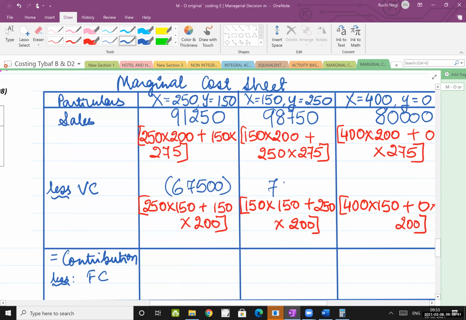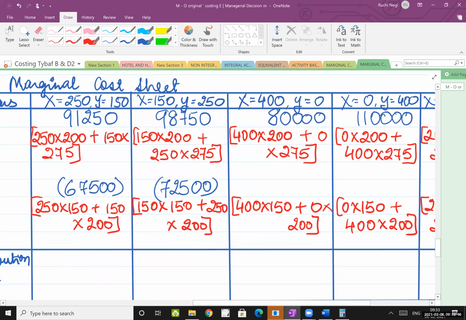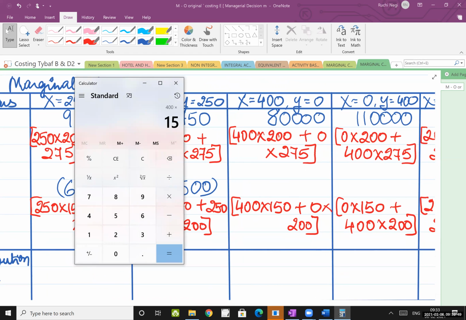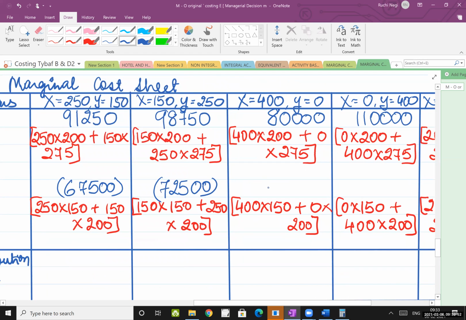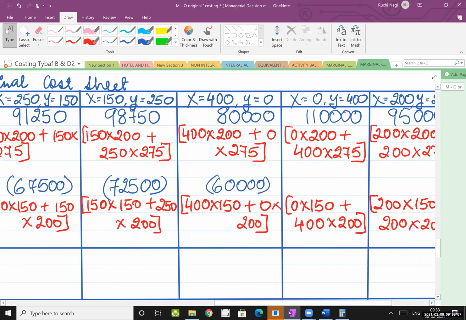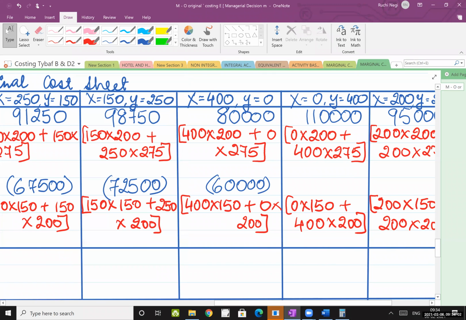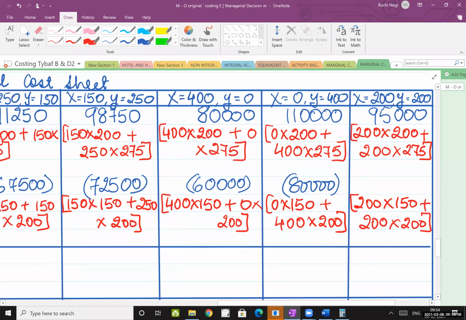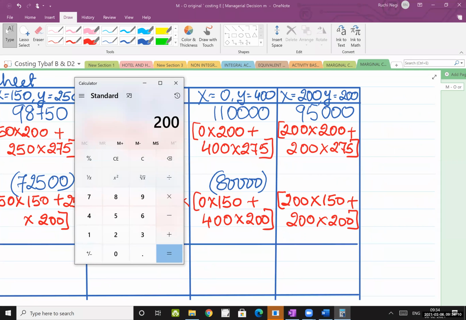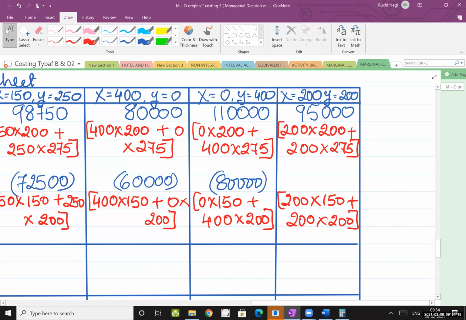Total 72,500. Next, 400 into 150. Next, 400 into 200. Next, 70,000.